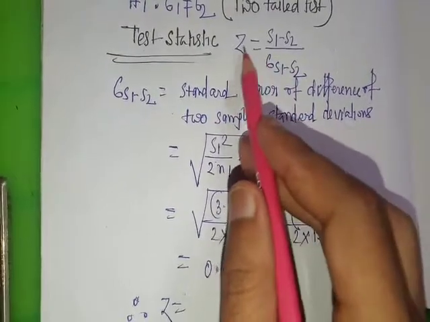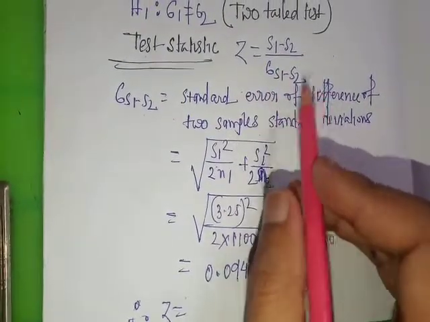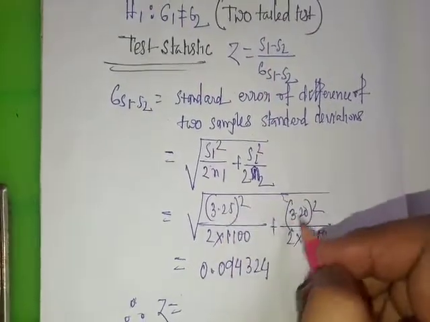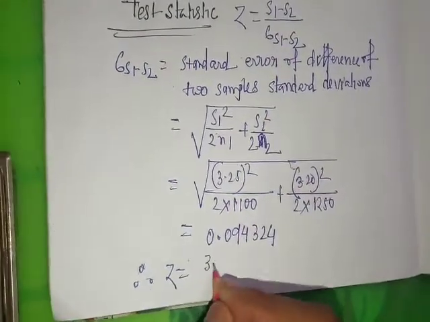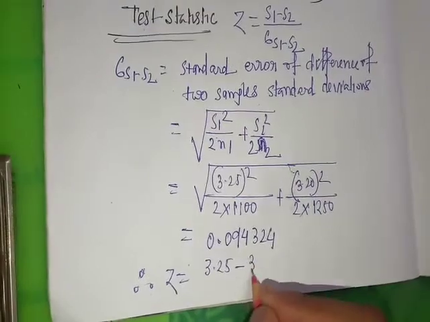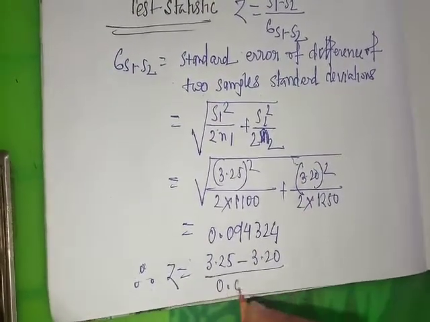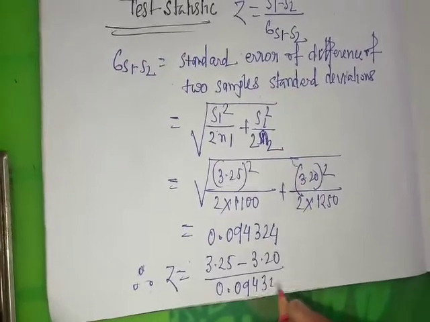Therefore the value of Z will be Z equal to S1 minus S2 by sigma of S1 minus S2. So the value of S1 is 3.25 and value of S2 is 3.20. So 3.25 minus 3.20 divided by 0.094324.